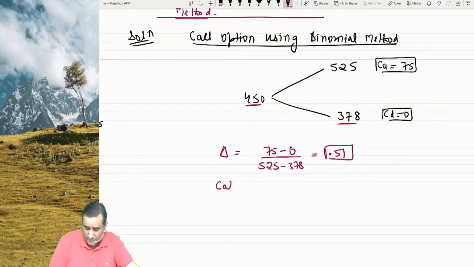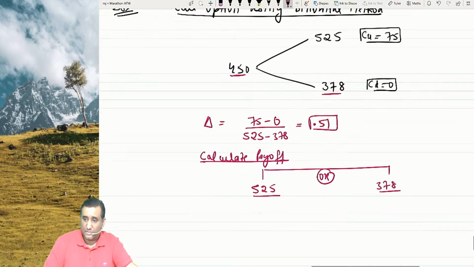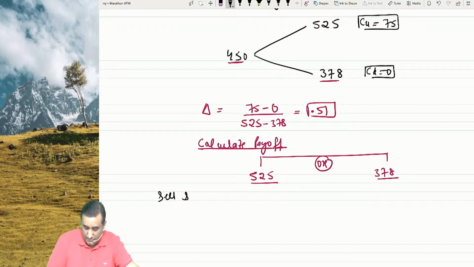I write here, calculate payoffs. What we do is, any of the prices, price becomes 5 to 8. Sell shares, 5 to 5.